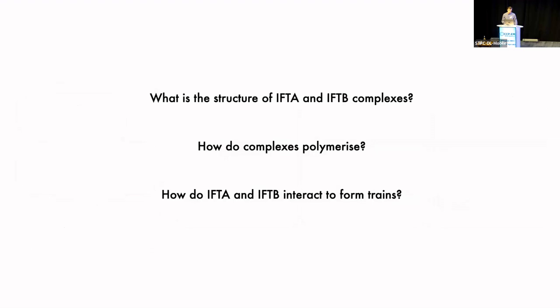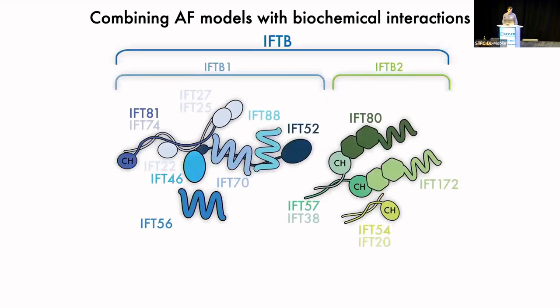Okay, so with these new structures, we can start to answer these questions. So firstly, what can we say about the internal structure of IFT-A and IFT-B? Of course, at 10 to 12 angstrom resolution, we can't do de novo model building. So we started off with a selection of AlphaFold models.